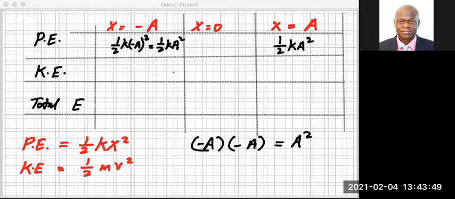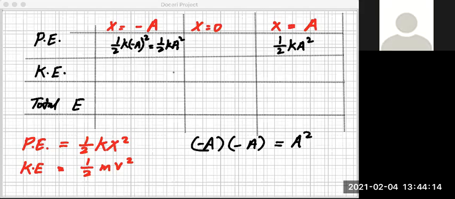1/2 ka squared. Okay. Now let's look at equilibrium. X is 0. When we plug in 0 in the equation for potential energy, what do we get? What is 0 squared? 0. Okay.